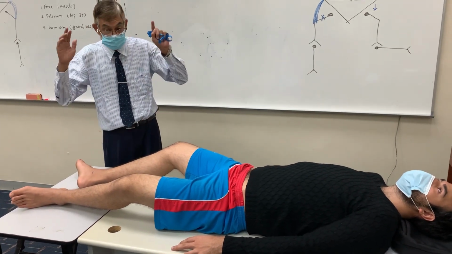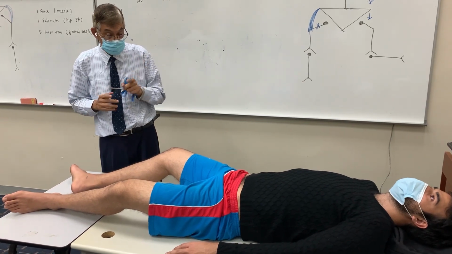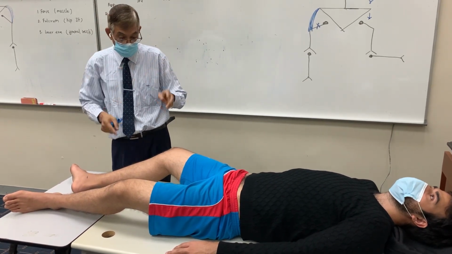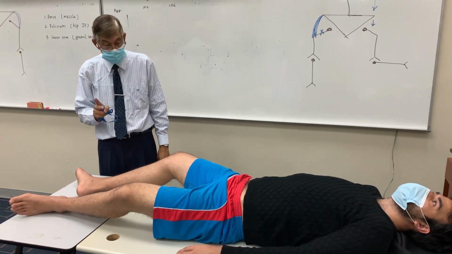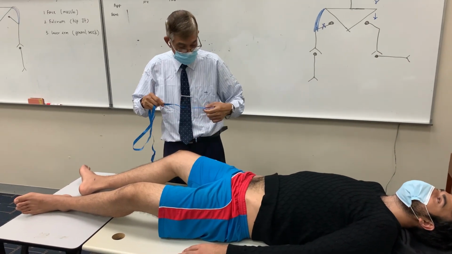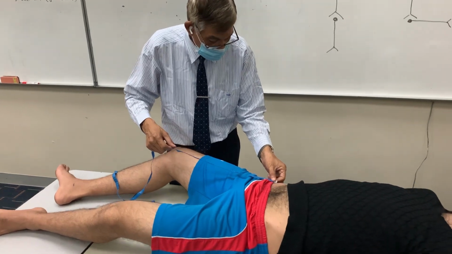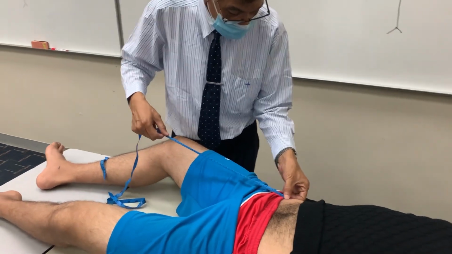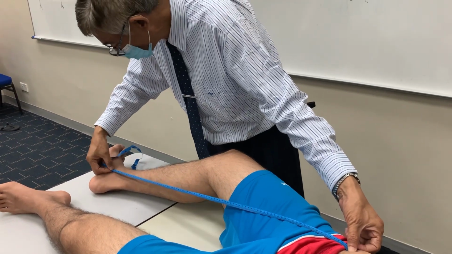So before the real length measurement, you must adjust 1, pelvic squaring, and 2, limb symmetry. You must do these 2 things. After that, you can measure. Firstly, measure from the anterior superior spine to the medial malleolus.